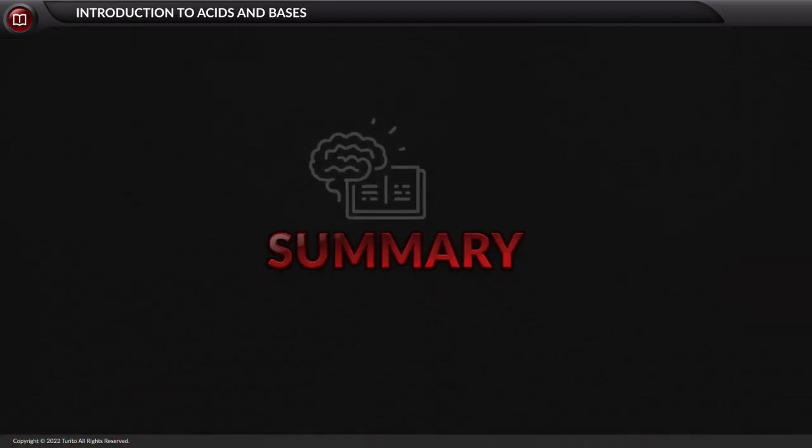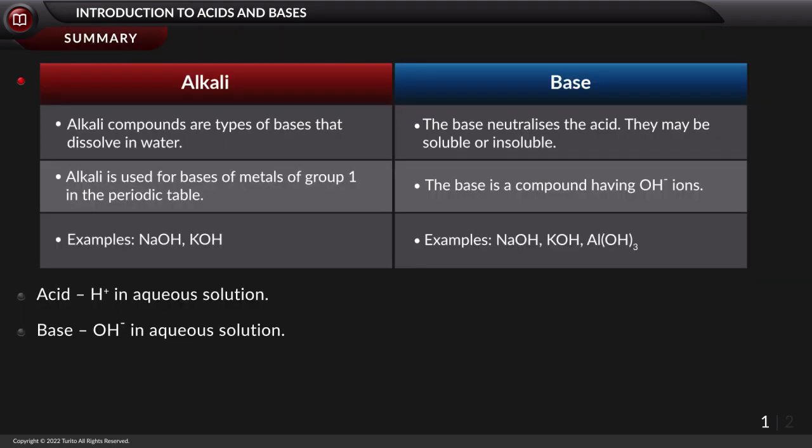Let us summarize. We learned the difference between alkali and base. Alkali compounds are types of bases that dissolve in water, whereas the base neutralizes the acid. Alkali is used for bases of metals of group 1 in the periodic table, whereas the base is a compound having OH- ions.